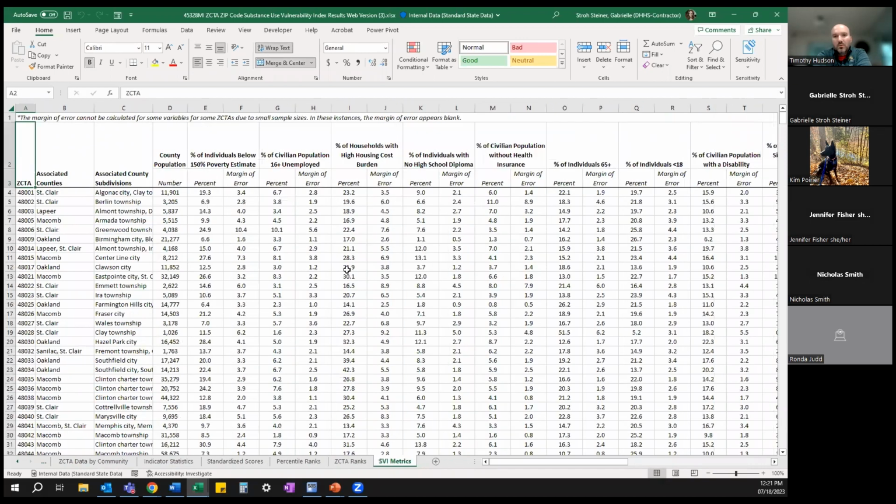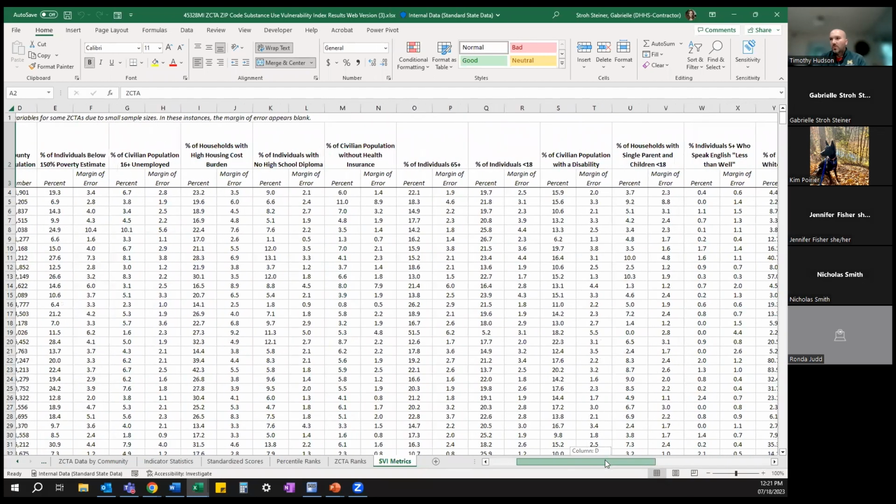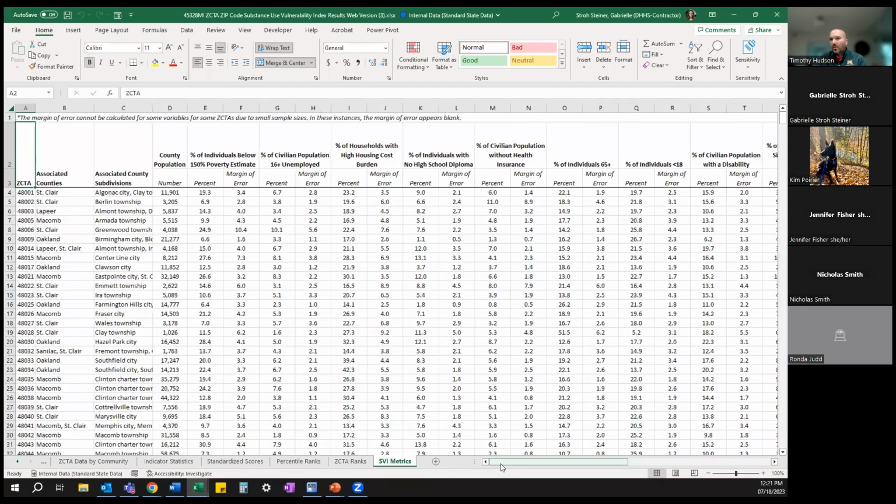We also include an extra sheet with all of the variables that go into the social vulnerability index. I think these are really interesting to look at. You can see the percent of individuals in that county or zip code that are below the poverty estimate or that are unemployed. So there's a lot of data available in the SVI as well that can be really useful to pair alongside SUVI results.